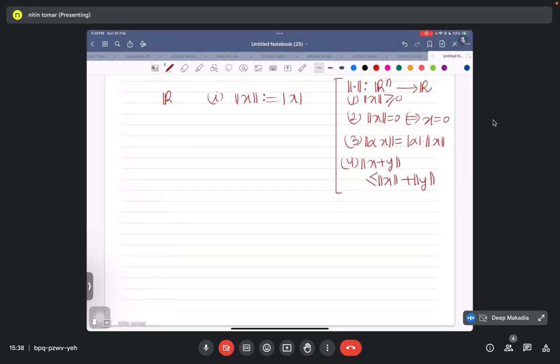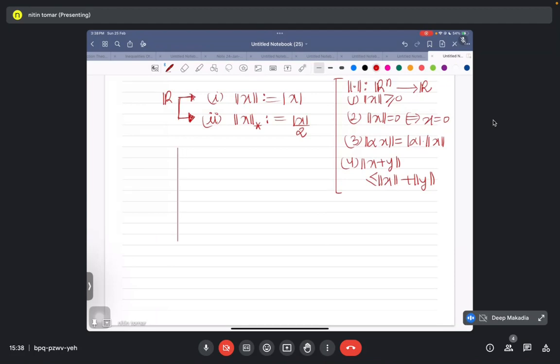Mod x satisfies all these properties. But there can be another norm. For example, let us say star: you can define it to be mod x by 2. This will also satisfy all four conditions. So on one space, there can be two different norms. Am I correct?